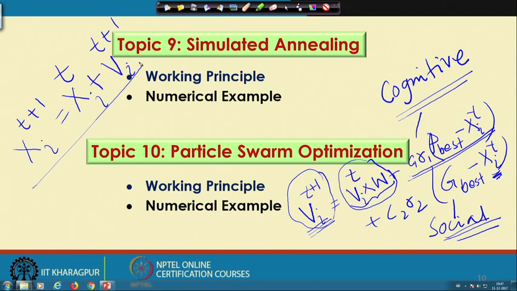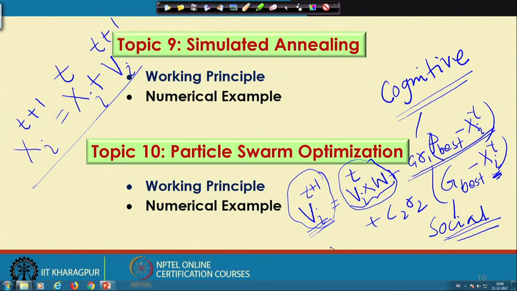So, the initial position and velocity are generated at random for the whole swarm, for all the particles, and these particles are going to update their velocity and position through a large number of iterations. This algorithm is going to hit the globally optimal solution. Now, if I compare particle swarm optimization with the genetic algorithm, particle swarm optimization has a few advantages.